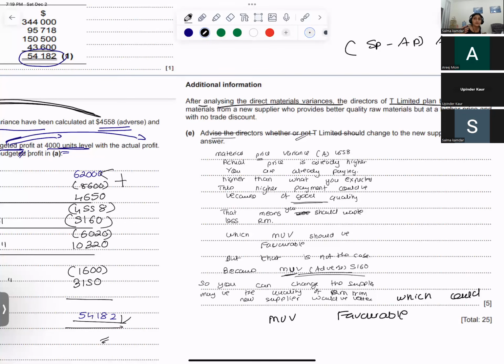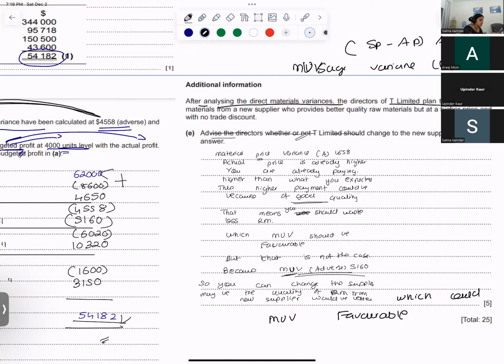So you cannot say don't change the supplier because you're already in an adverse situation. Suppose the material usage variance was favorable. Then you would say no problem. Even if you're paying a higher price, we are not having any loss. We're using less raw material, so you should not change.